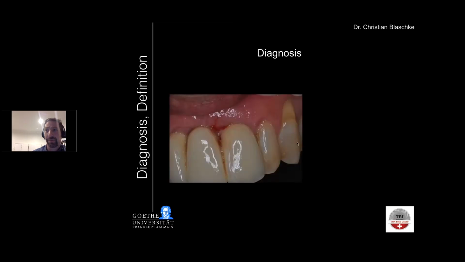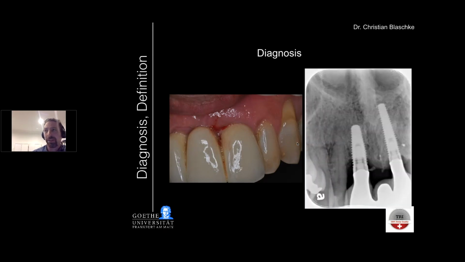Here's another case. We treated that patient just a few days ago. That was, again, quite interesting. I will show that case later. This is a newer implant bridge, much newer. It was fabricated in London. The patient has moved to New Zealand since, so I inherited this patient. We see the typical bone loss around this implant on the 2-1. And we see what is potentially a foreign body over here as well.